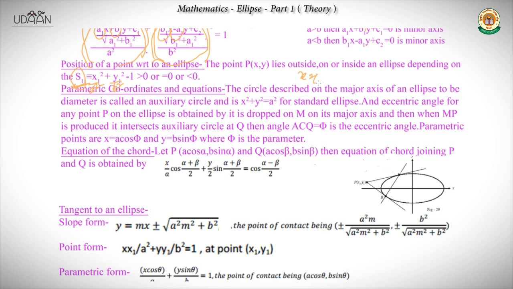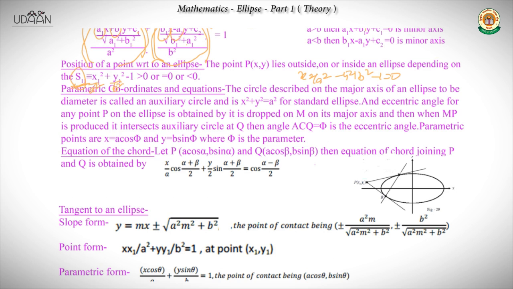The equation is x square by a square plus y square by b square minus 1 equals 0. So substituting the point x1, y1 for x and y, we will get S11. If it's greater than 0, the point is outside the ellipse. If it's less than 0, the point is inside the ellipse. But if it's equal to 0, the point is on the ellipse, or on the circumference of the ellipse.